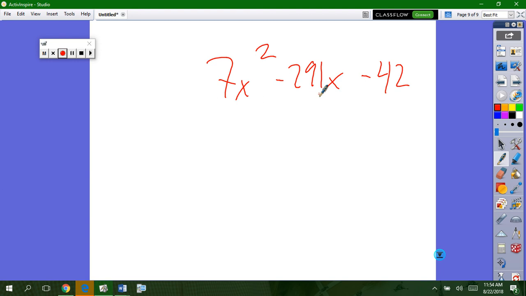Okay, we're going to set this equal to 0 and solve by factoring. 7 times 42. If I did it right in my head. 292. 4. Dang it. This is a 3.